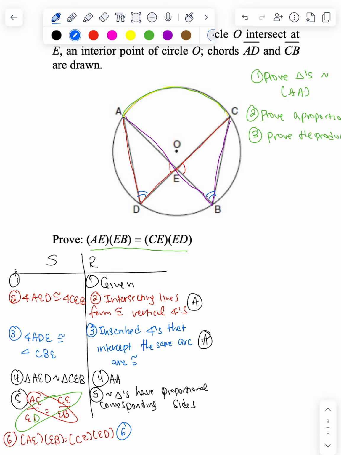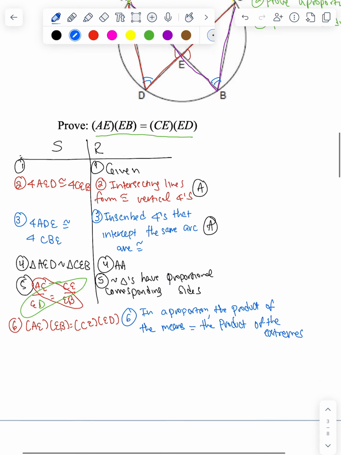It's a fancy way of saying cross multiplying the proportion. In a proportion, the product of the means equals the product of the extremes.